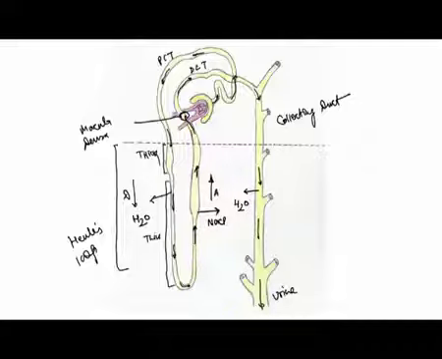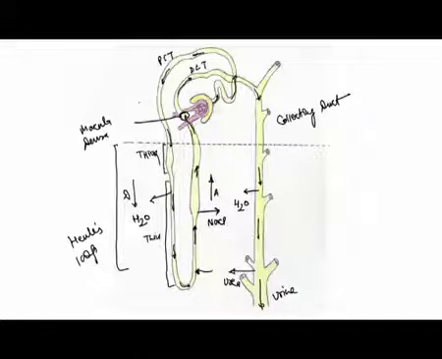One thing which I forgot during the explanation of this absorption is that a certain amount of urea is also reabsorbed from the collecting duct, and a little bit of urea is also absorbed in the ascending part of Henle's loop.